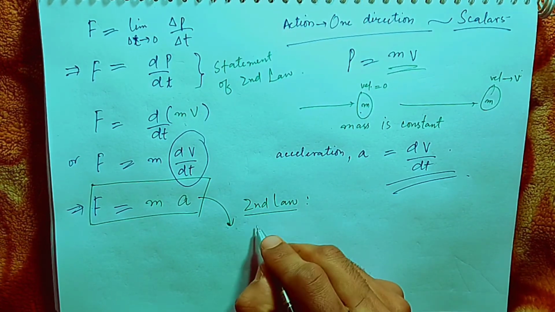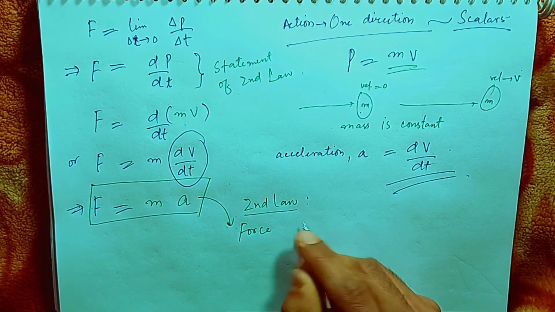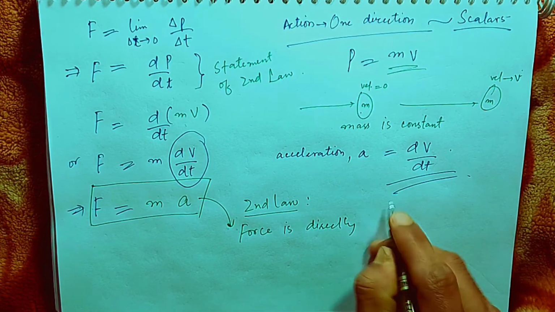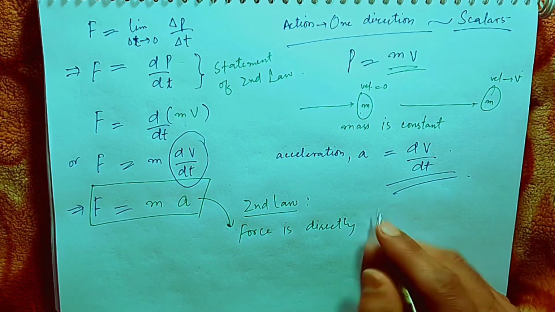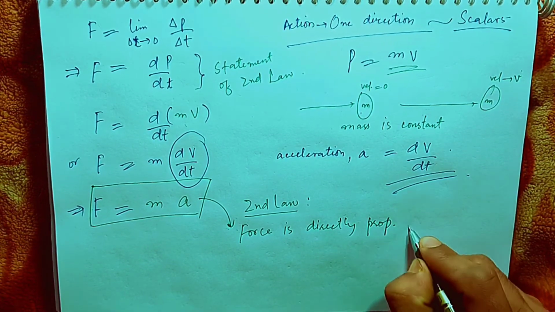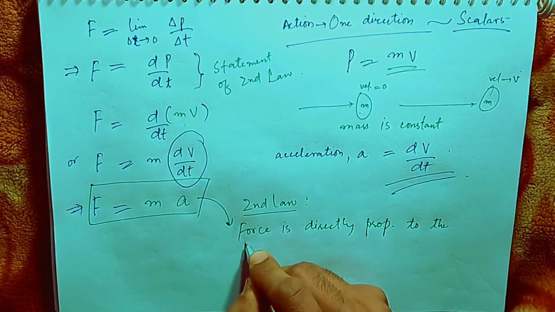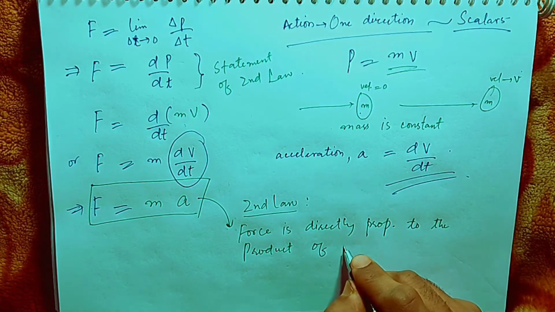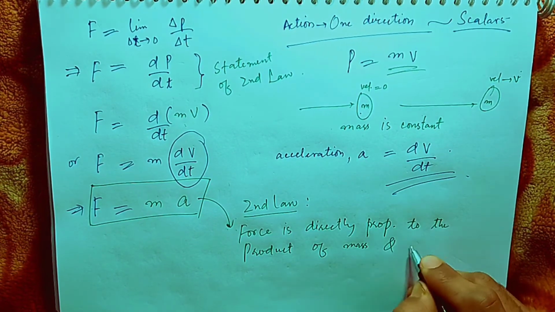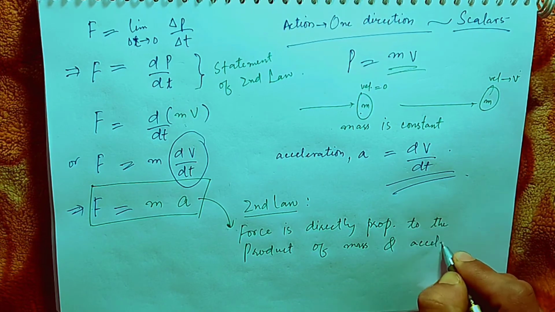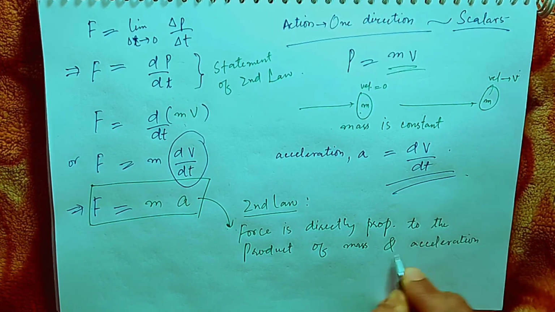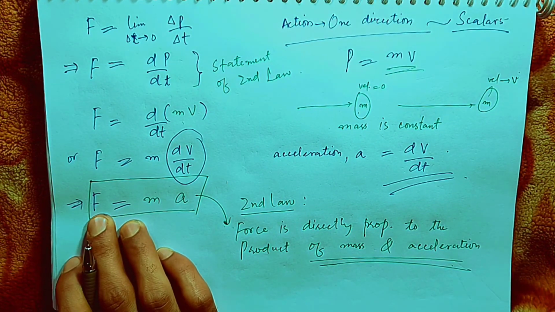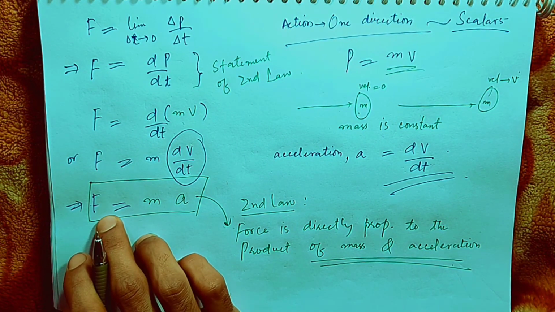So another statement of the second law of motion says that force is proportional to the product of mass and the acceleration which it possesses at that instant of time. So the product of mass and acceleration gives the force applied onto the body.